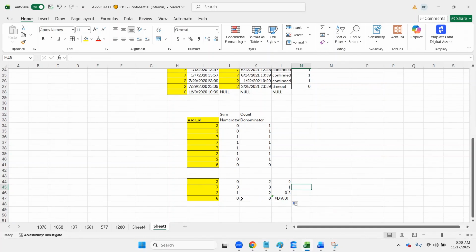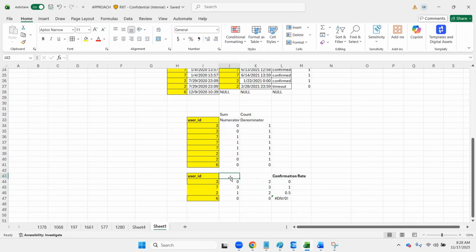He tried 2 times and 1 was successful, so 50%. For the user with no tries after sign up, it is divided by 0, and we will see how to handle this in SQL. So this is our expected output, the confirmation rate.